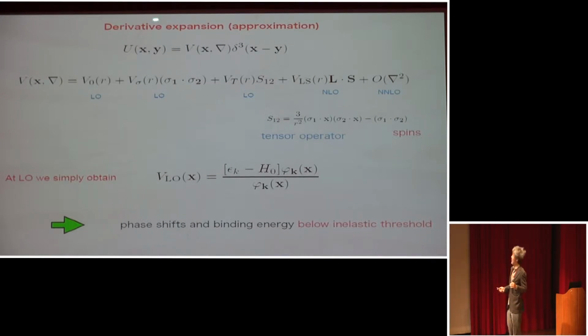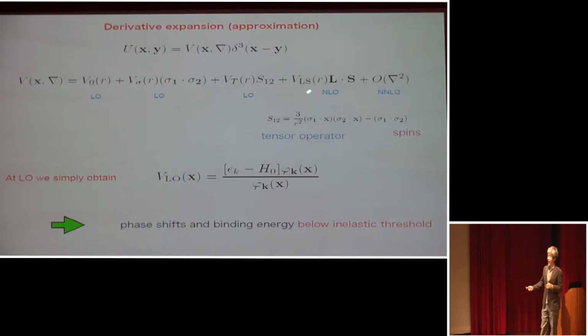So we introduce an approximation, the so-called derivative expansion. We expand U(x,y) in local functions V(x) and derivatives. At the leading order, we have local functions like this: central, spin dependent, or the so-called tensor force. S12 is called the tensor operator, which is defined in this way.